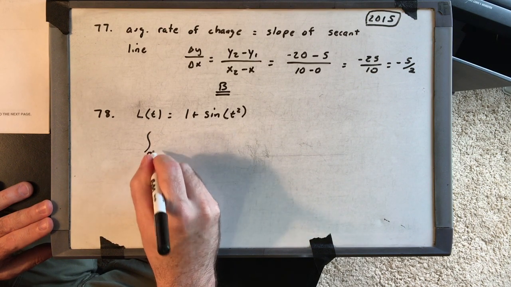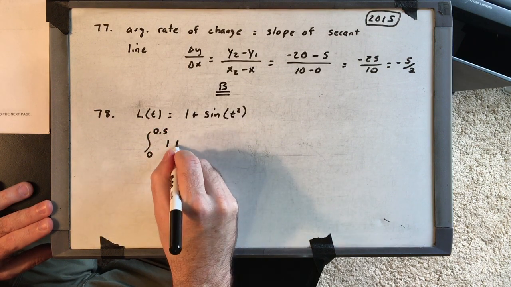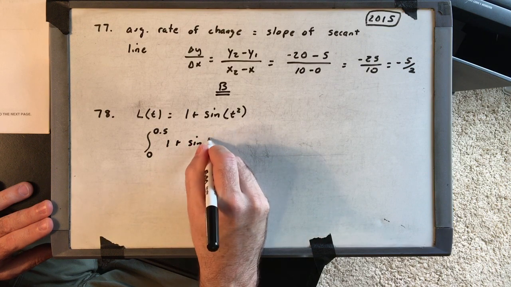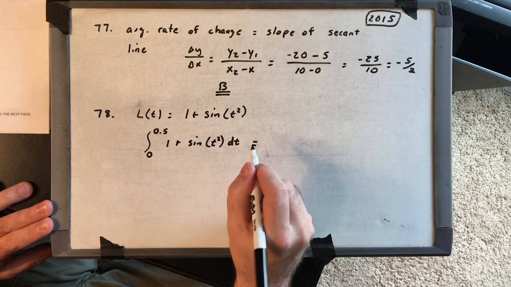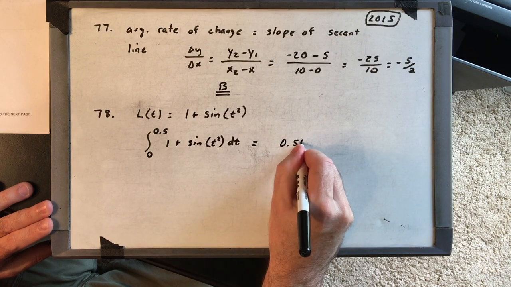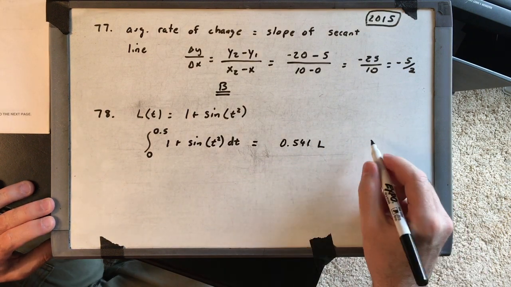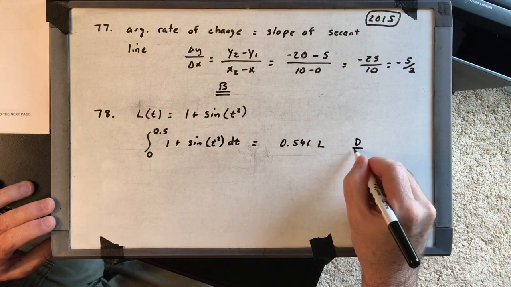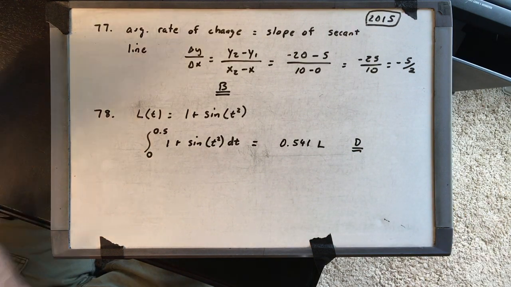So that's going to be the integral from 0 to 0.5 of 1 plus sine t squared dt. You're going to place that in your calculator, and you will get 0.541. Give it a try. And that is answer D. So you want to practice using that calculator. Don't let those skills diminish.